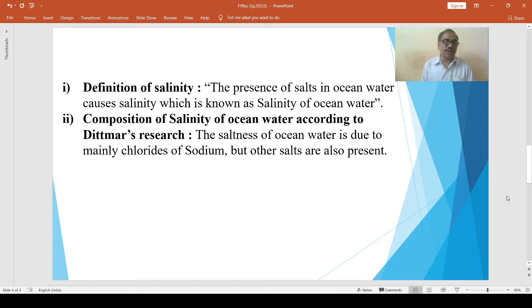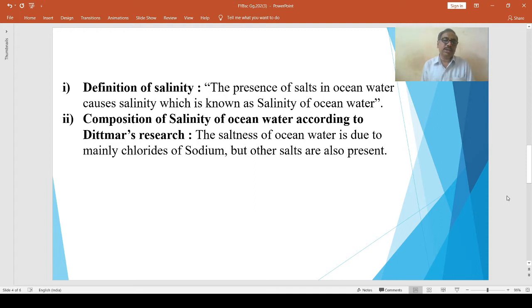Salinity means the degree of saltness of the oceans and seas. The degree of salinity is commonly expressed in terms of number of parts of salts per thousand of seawater. If there is 1,000 grams of water, then it contains 35 grams of dissolved salts.